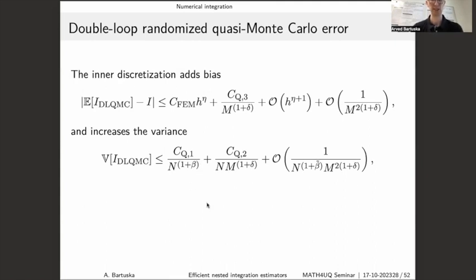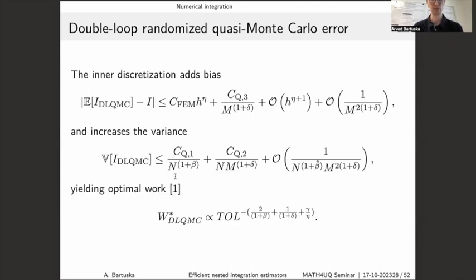For our examples of Bayesian design, the outer dimension will always be greater than the inner dimension. So beta is assumed to be slightly less than 1 for our numerical experiments. We found that delta will be close to 1, so delta will be almost optimal. Beta is somewhere around 1/2 or so, still better than using Monte Carlo here.